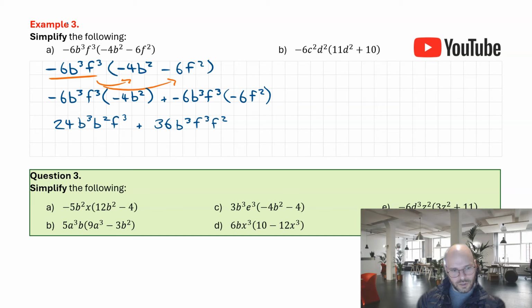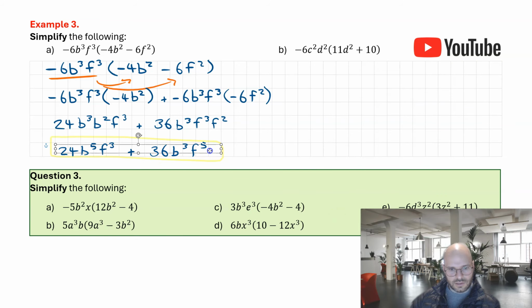Fixing up the exponents, we have 24, b to the power of 5, f to the power of 3, plus 36, b cubed, f to the power of 5. So something that looks quite difficult turns out to be quite simple, so long as you follow the basic steps.